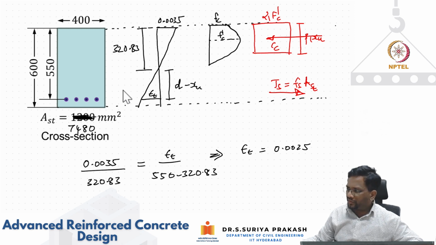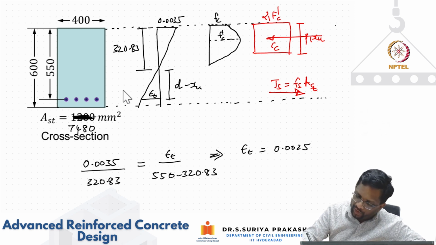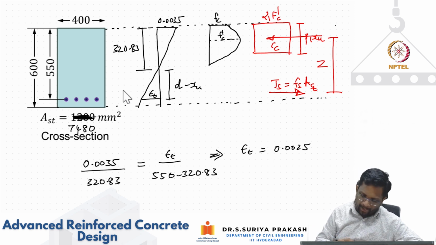So what is the moment resistance that we are going to get? I am taking moment about any point. Either you can take moment about Cc or about Ts. If I take moment about Cc, the moment resistance will be equal to Ts multiplied by the lever arm Z. What is the lever arm?